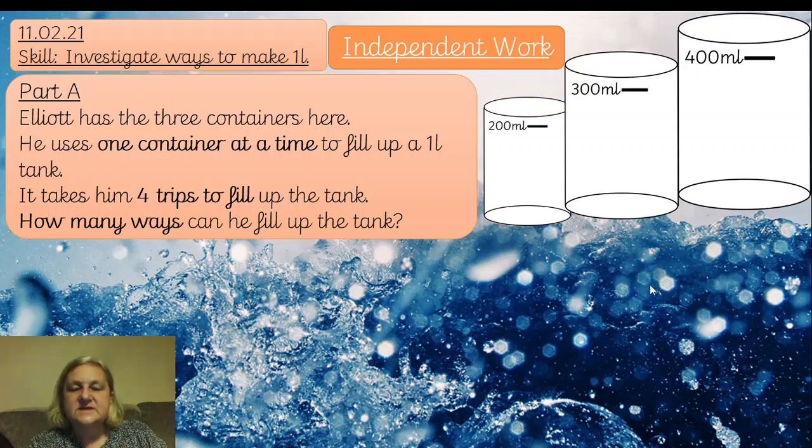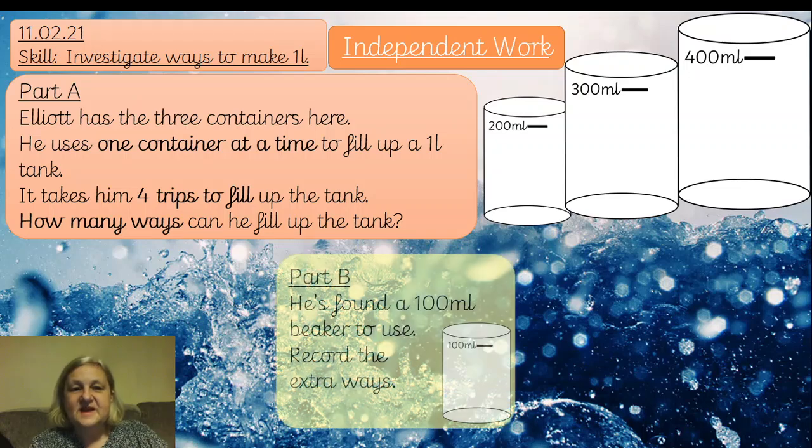How many ways can he fill up the tank? Okay, and he has to make 1 litre. We've got 400, 300 and 200. So that's your first bit, is part A. So you've got to work out, he has 3 containers, he has to use all the containers, he has to use 1 of the containers at each trip.